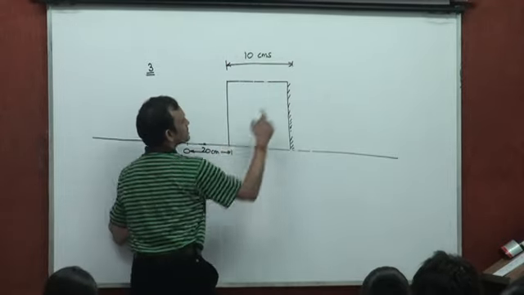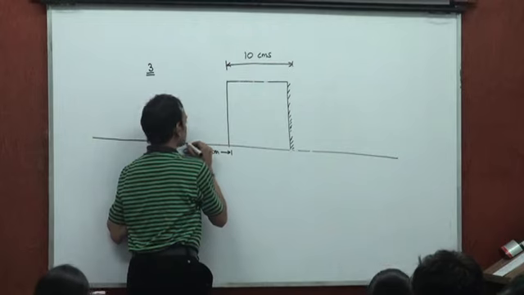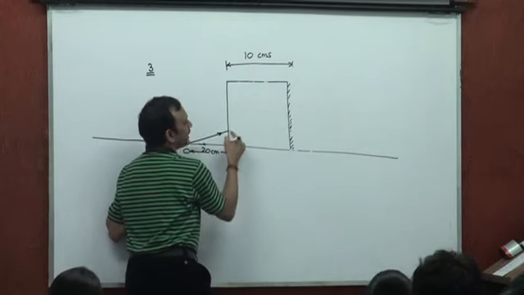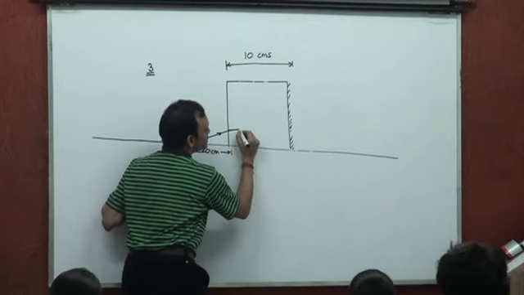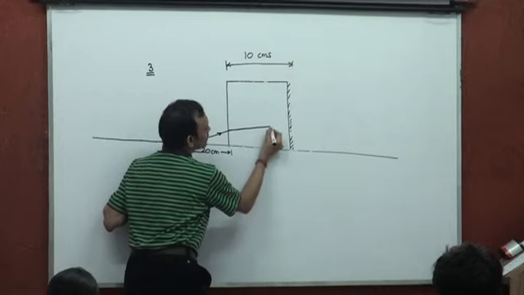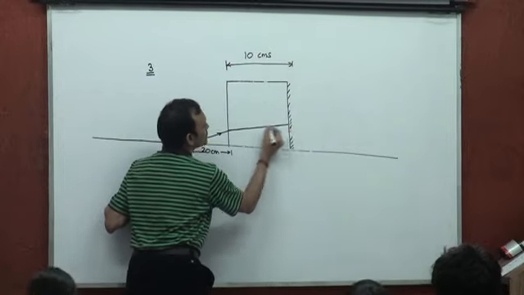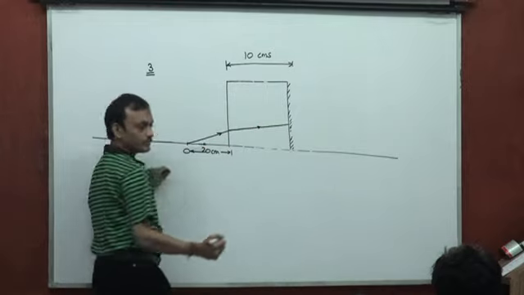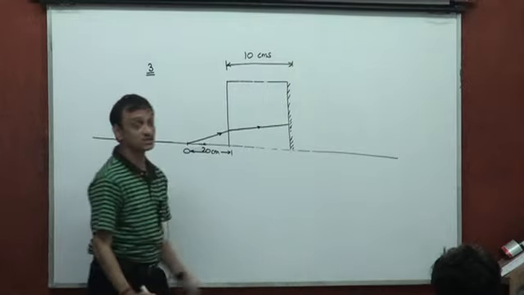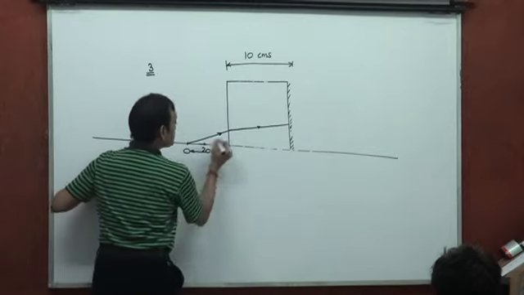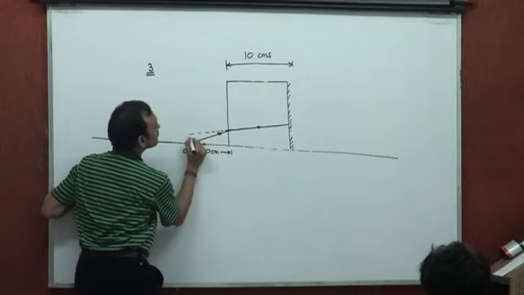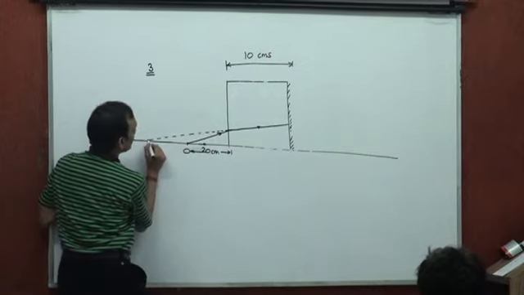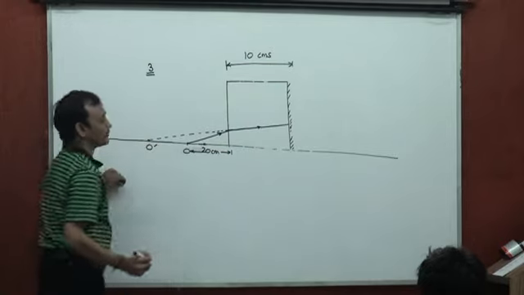See, what really happens is, the ray of light that starts from O and gets refracted here will bend towards the normal, as you know. Rarer to denser medium, it will bend towards the normal. And as far as the mirror is concerned, it seems the object is not at O, but is somewhere here, at O prime.